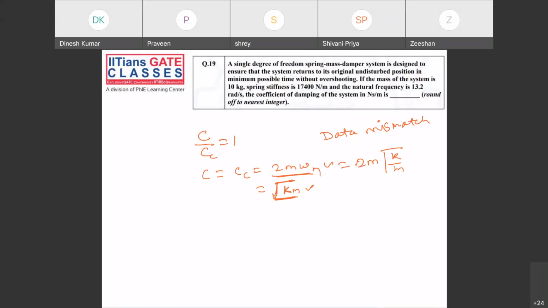So quickly, given here is mass, 10 kg, and k is given as 17,400, and omega n is given as 13.2.